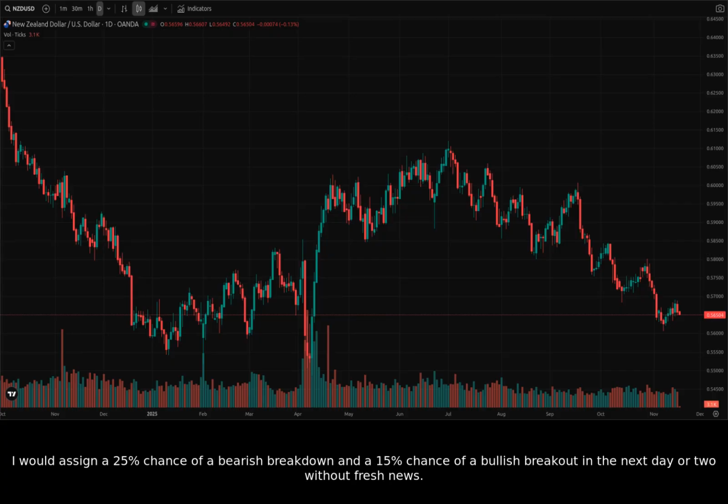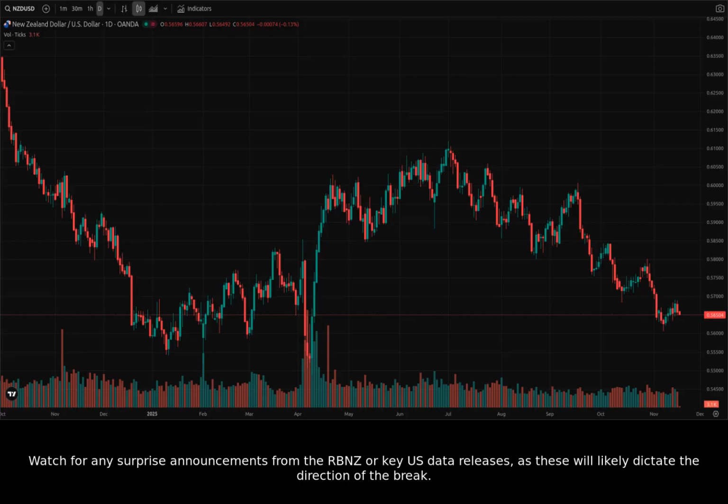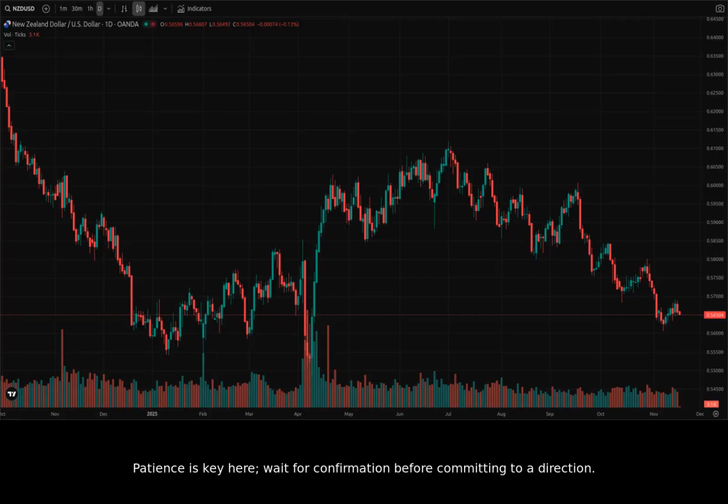I would assign a 25% chance of a bearish breakdown and a 15% chance of a bullish breakout in the next day or two without fresh news. Watch for any surprise announcements from the RBNZ or key US data releases, as these will likely dictate the direction of the break. Patience is key here. Wait for confirmation before committing to a direction.